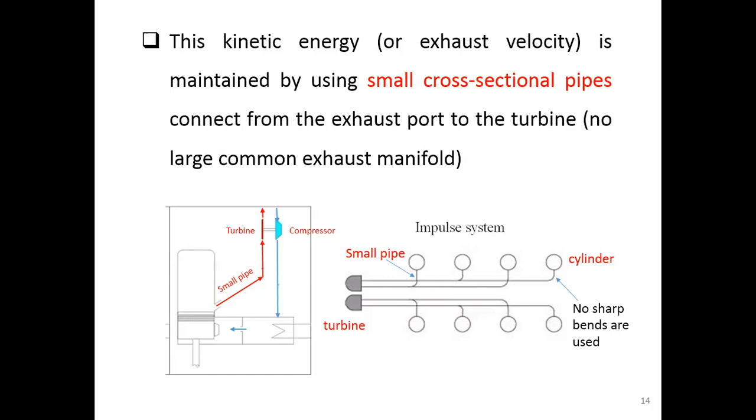Sometimes it comes from one cylinder and then another cylinder, and they may overlap with each other. If four cylinders, as shown here, use the same small pipe, the pipe cannot accommodate the exhaust flow that comes in sequence from each cylinder. So instead of using one pipe for all cylinders, we use one pipe for two cylinders.